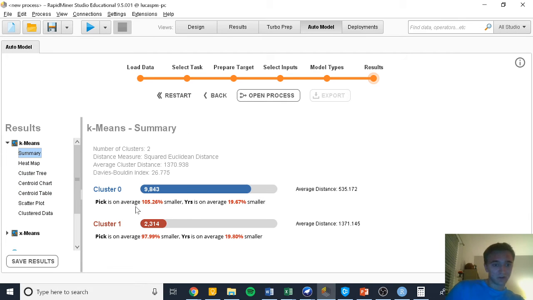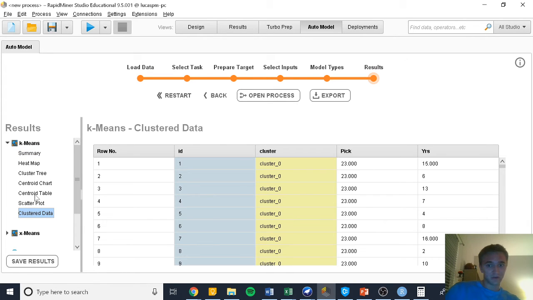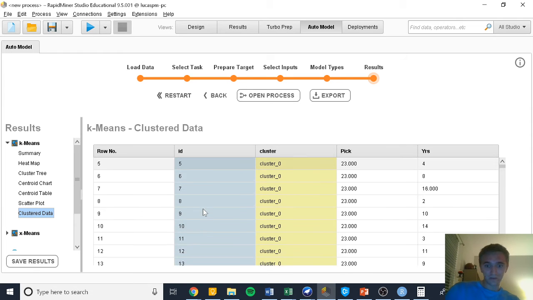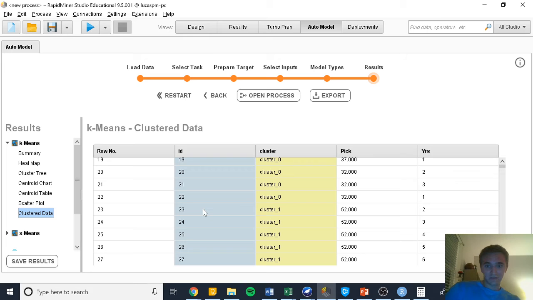So the summary here: the pick is much smaller, and the years are smaller as well. I can look at a little bit of the cluster data here. This really separates itself mostly on whether the pick is high, and then whether the years are low.